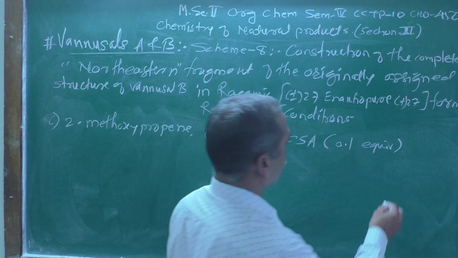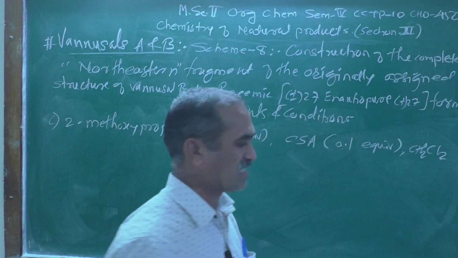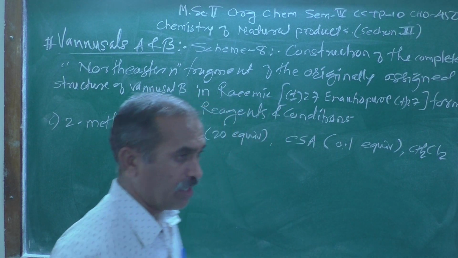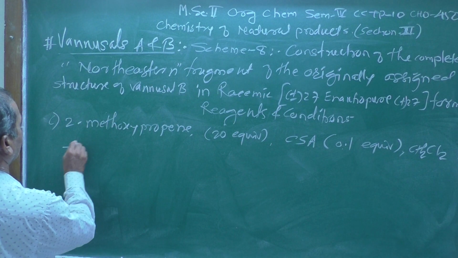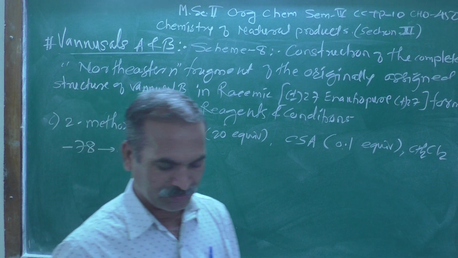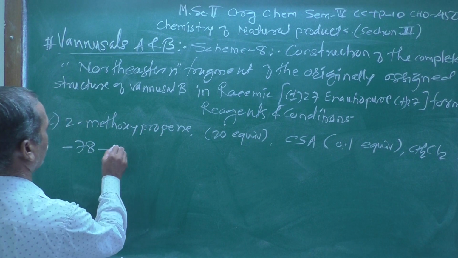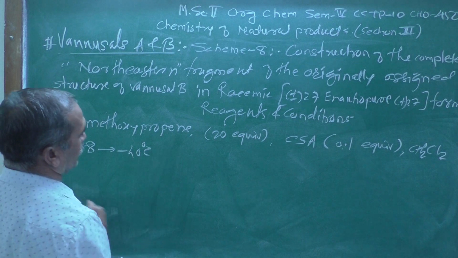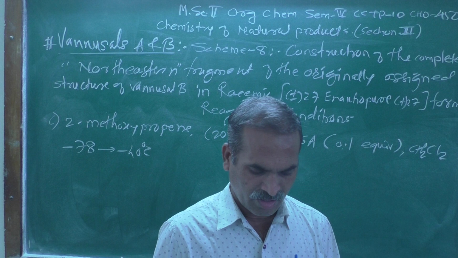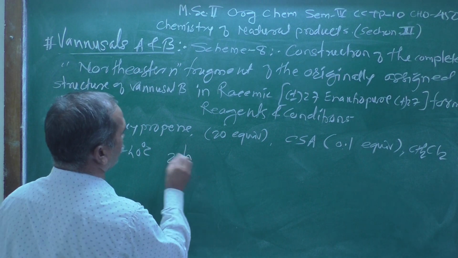Then the solvent used is CH2Cl2, that is DCM, dichloromethane, and the temperature changes from -78 degrees centigrade to -40 degrees centigrade, and this reaction was stirred for 2 hours.